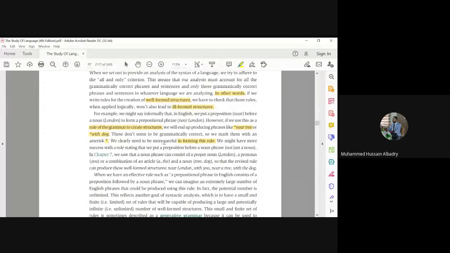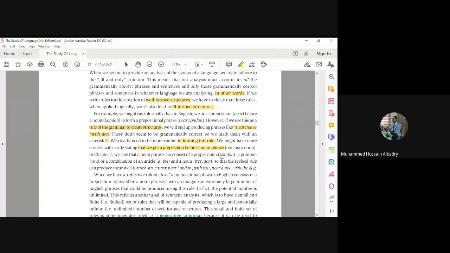So we might have more success with a rule: we put a preposition before a noun phrase. This rule is better than the rule which reads a preposition before a noun. We have to say a noun phrase, not just a noun.